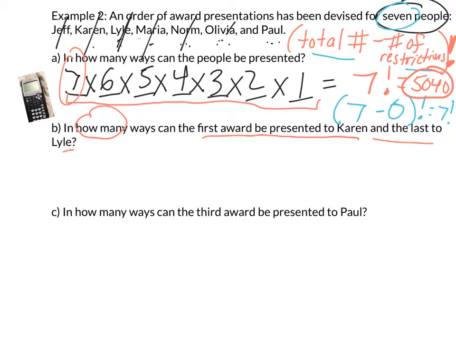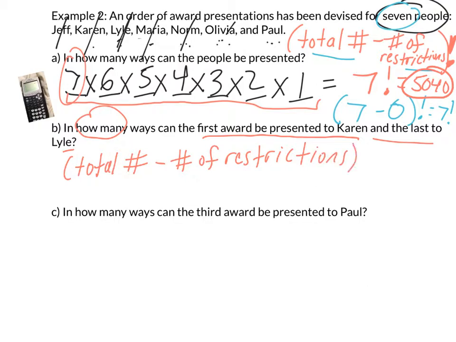I'm going to do it the quicker way, which is using our formula, where we take the total number of people that we're rearranging in a row or in a line, and we minus the number of restrictions. We do that first, that's in parentheses, and then we tag a factorial.